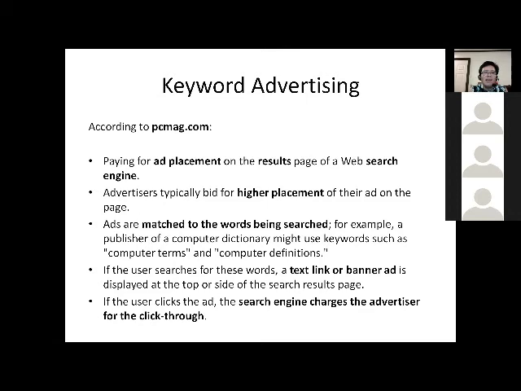Okay, so ads are matched to the words being searched. For example, if I am a publisher of a computer dictionary, then the keywords I would probably choose would be computer terms, computer definitions.